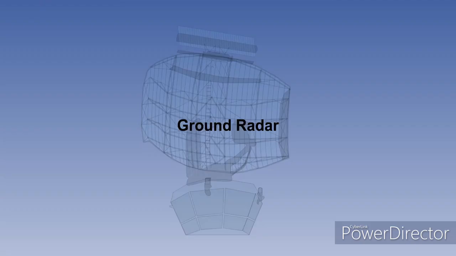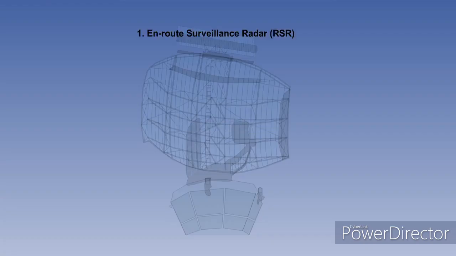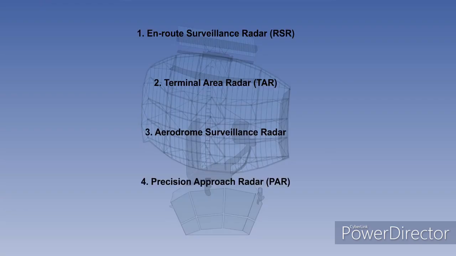Primary radar systems used by ATC include Area Surveillance Radar, RSR, Terminal Area Surveillance Radar, TAR, Aerodrome Surveillance Radar, Precision Approach Radar, PAR, and Airport Surface Movement Radar.